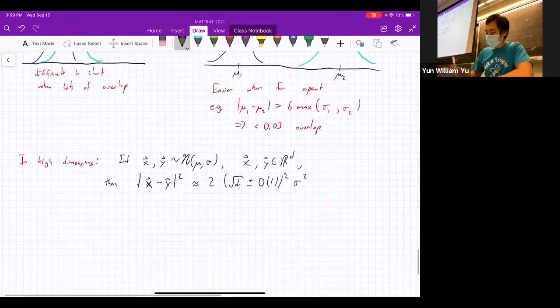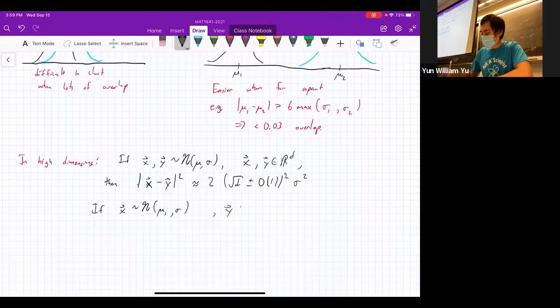On the other hand, if they're drawn from two different distributions, let's say this is mu1, I'm going to keep their variances the same just to make life slightly easier. And let's say the distance between the two centers is equal to some value delta.